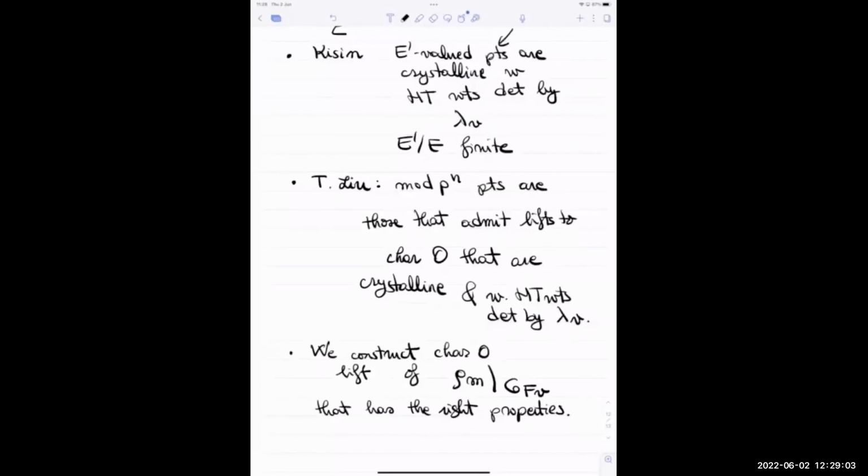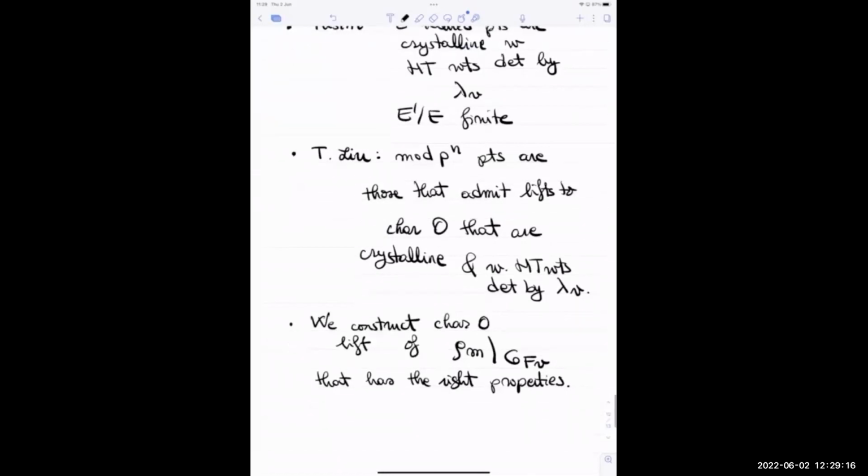So the key thing is that we use some of these techniques that were introduced in the 10 author paper, but we combine them with the theory of p-ordinary parts.